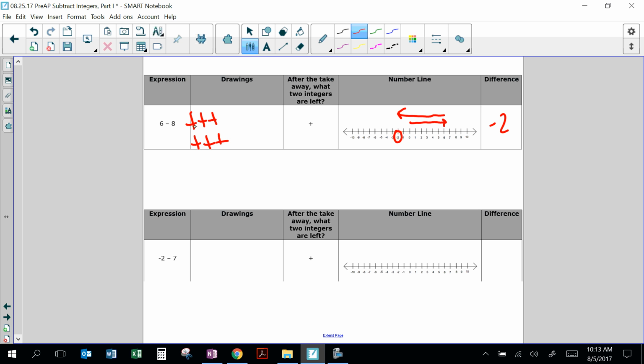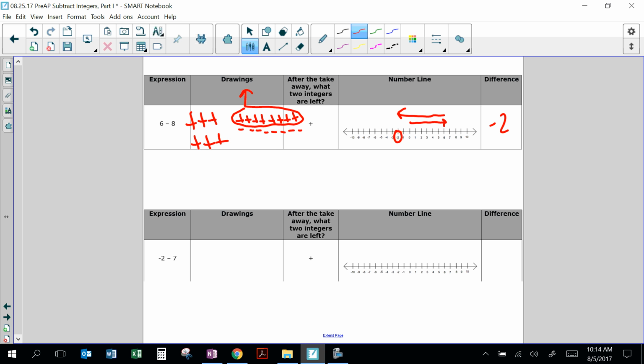With a drawing, you start with 6. How can I take away 8 without changing the value of 6? You need 0 pairs. How many 0 pairs do I need? 8 0 pairs. Can I now take away 8? 8 positives, yes, I can.